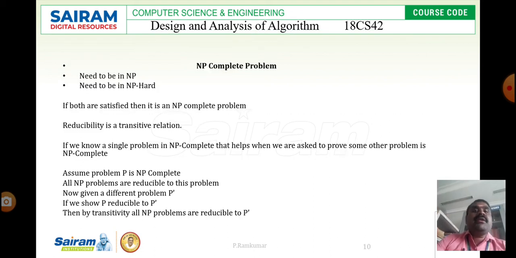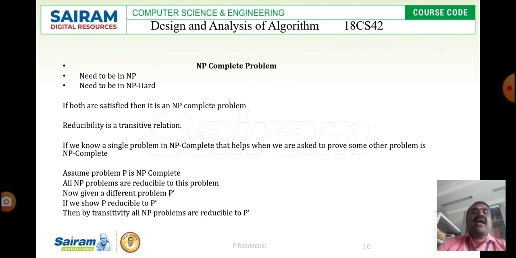NP complete problem means it needs to be in NP and needs to be NP hard. If both are satisfied, then it is called an NP complete problem. Reducibility is a transitive relation. Transitive means A reduces to B, B reduces to C, so automatically A reduces to C. If you know a single problem in NP complete, that helps when we need to prove another problem is NP complete. So assume a problem P is NP complete, and all NP problems are reducible to it.